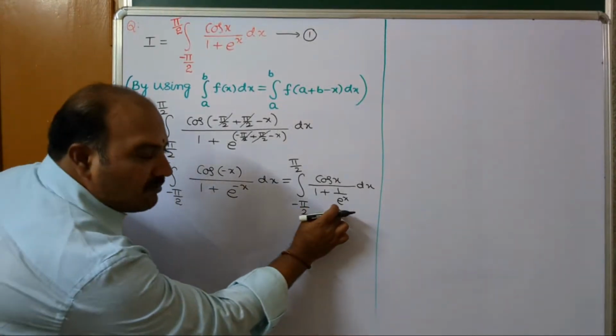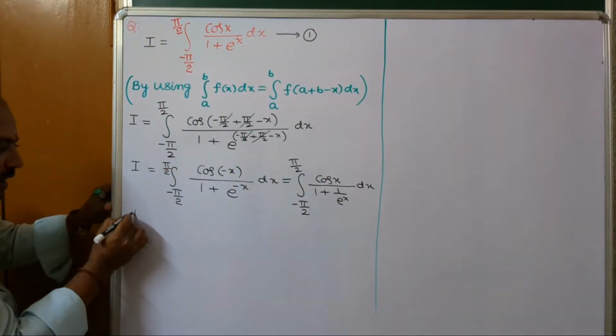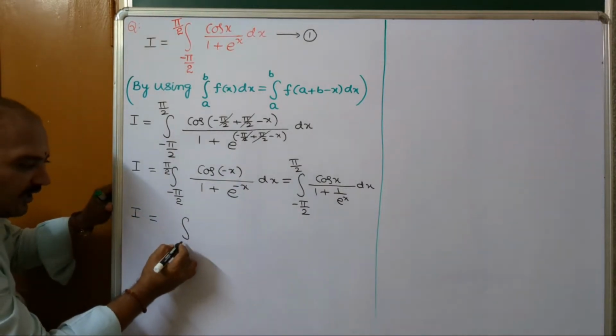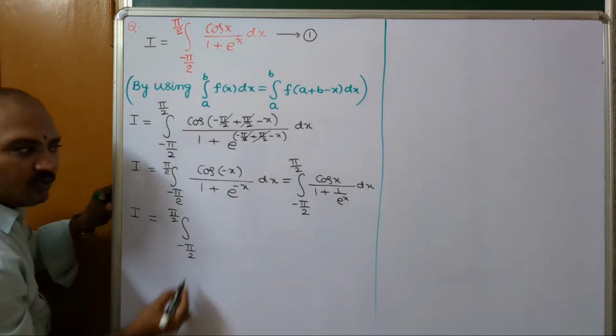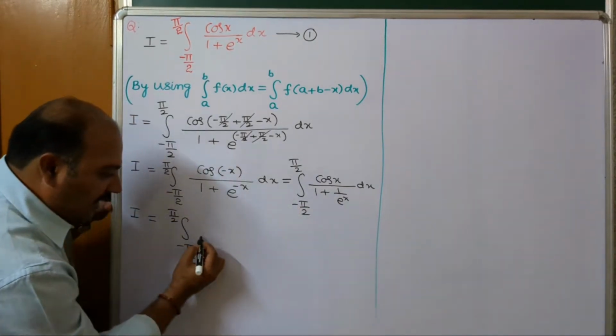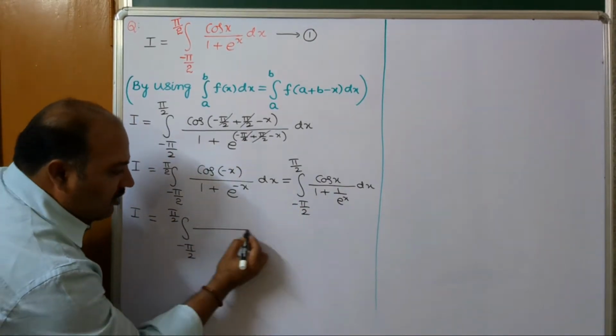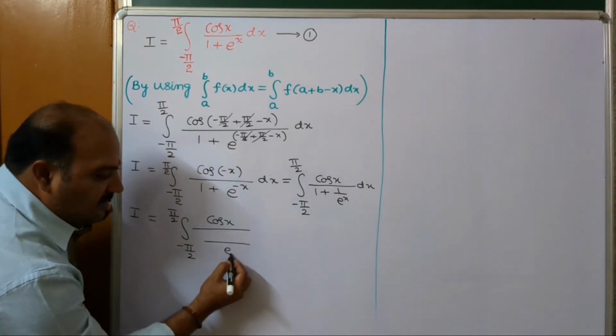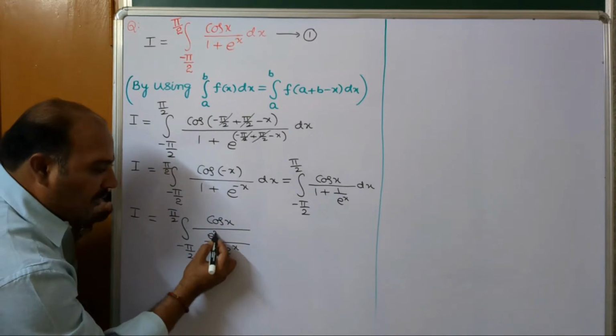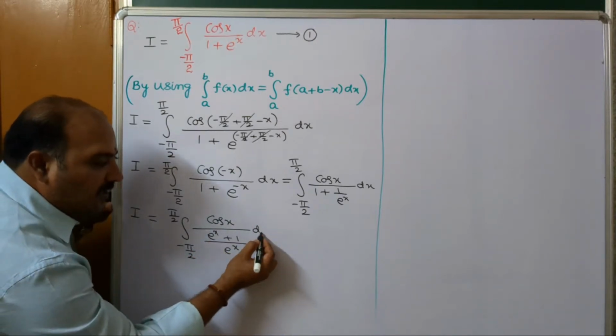Now take LCM and simplify. So I equal to integral minus pi by 2 to pi by 2, in the denominator e power x LCM will come, numerator cos x as it is. Here e power x LCM, e power x plus 1, into dx.